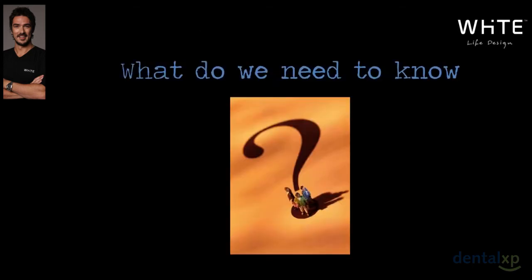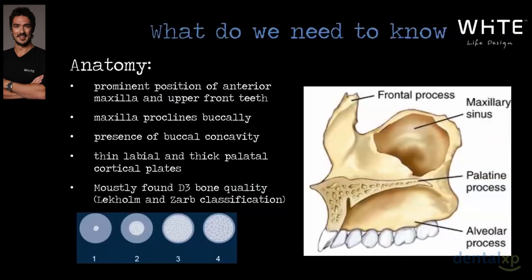So, what do we need to know here? Before we take on these complex cases in the aesthetic zone, we need to understand anatomy. We need to understand the angulation of the anterior teeth. We need to understand that there is a concavity here, and that concavity can lead to a lot of problems in the aesthetic zone.